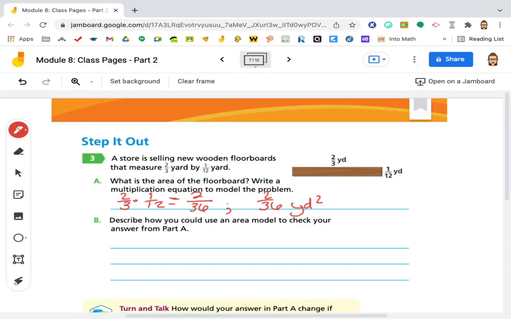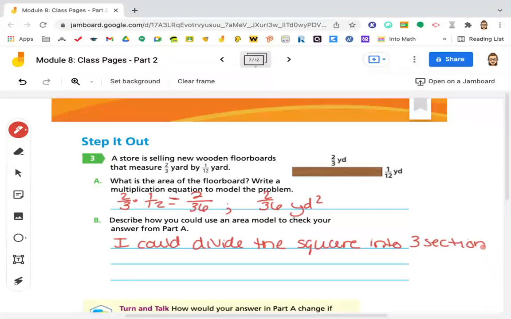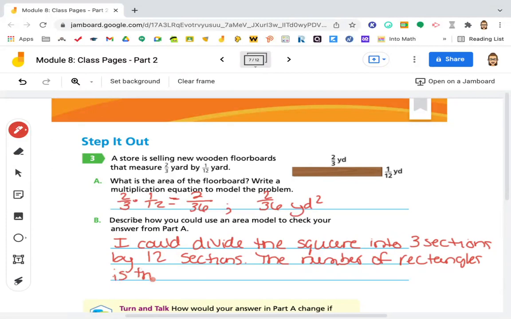So let's describe how you can use an area model to check your answer from part A. I could divide the square into 3 sections by 12 sections. The number of rectangles is the denominator.